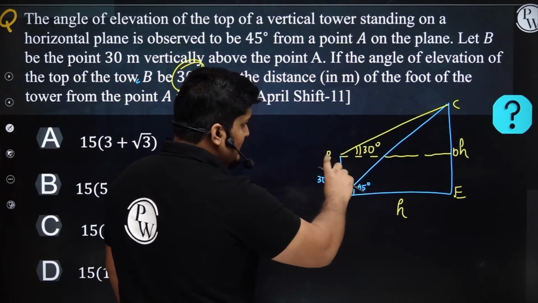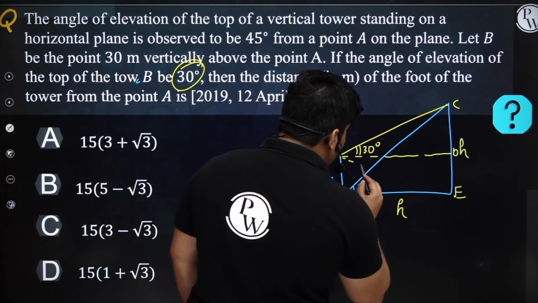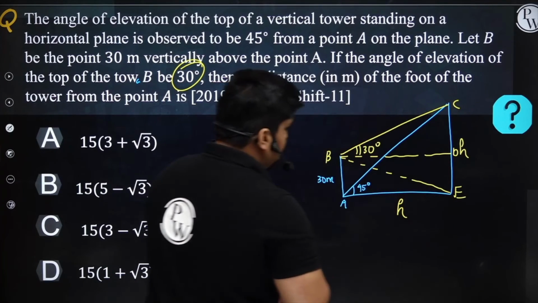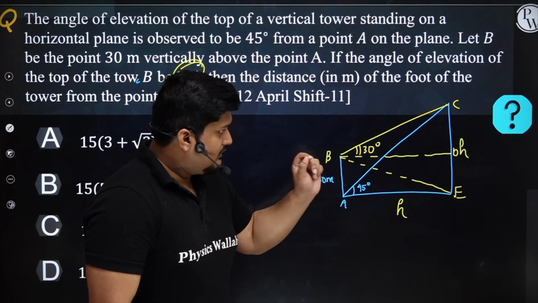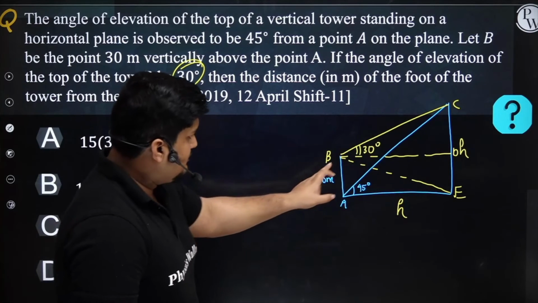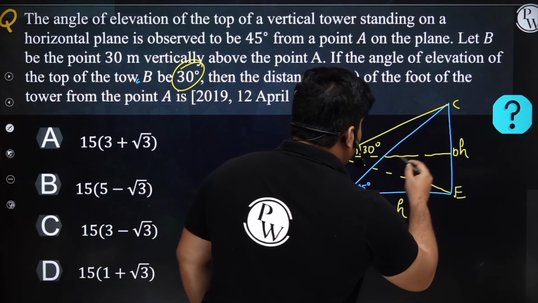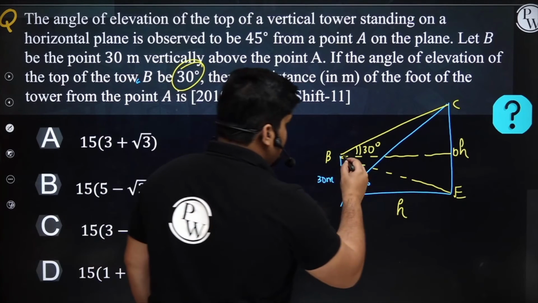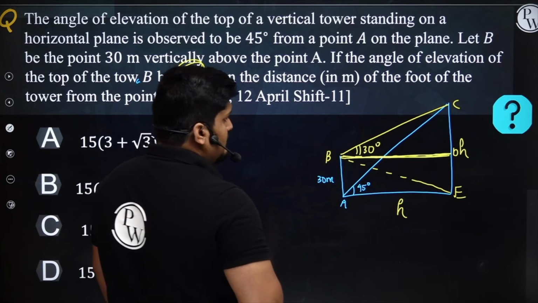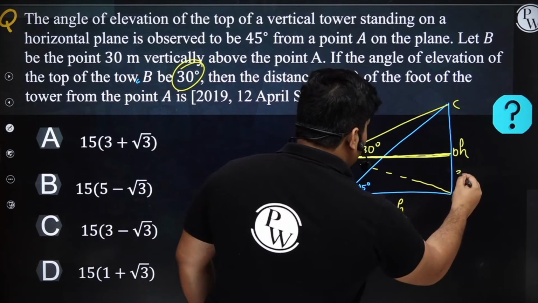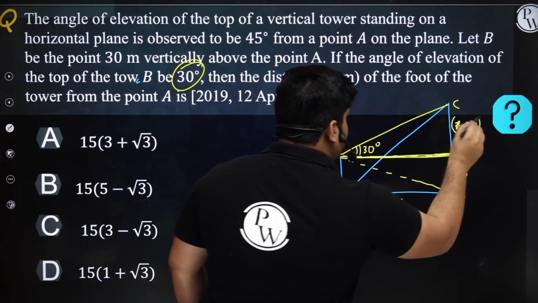If I join this point here, this is 45, this is 90 here, this is 30 degree. So from here we have this H, and this length is H minus 30.